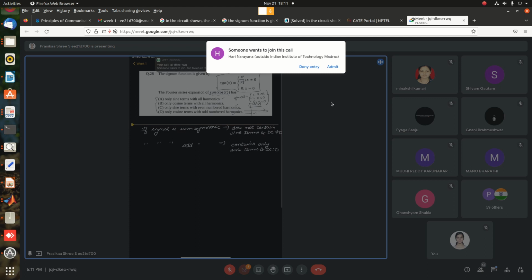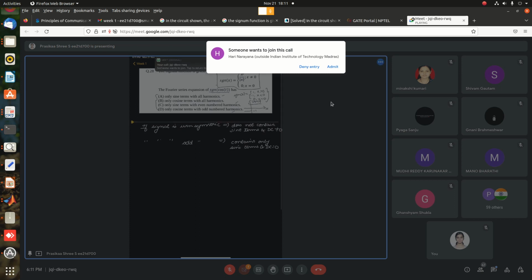You need to remember both of these, right? Till now I've discussed how the Fourier series coefficients look if the signal is even symmetric and if it is odd symmetric: only cosine terms when even symmetric, and only sine terms if odd symmetric.